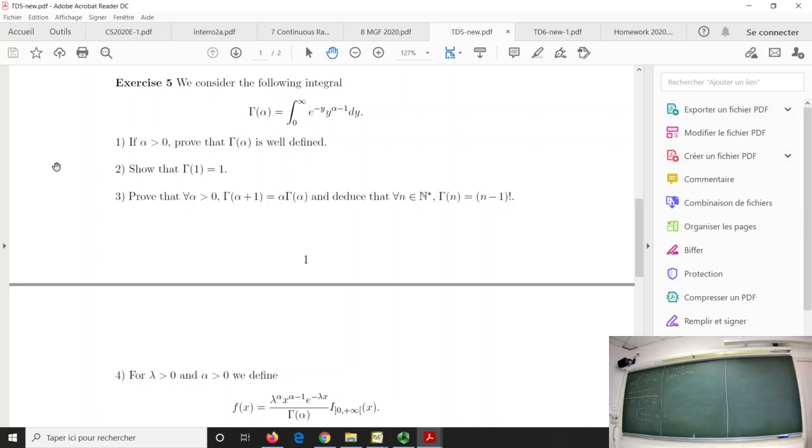Just keep in mind that here everything is well defined because I impose alpha to be strictly positive. It implies that gamma of alpha is fine, and also gamma of alpha plus 1, because if alpha is strictly positive, alpha plus 1 is also strictly positive. So all the terms will be numbers.